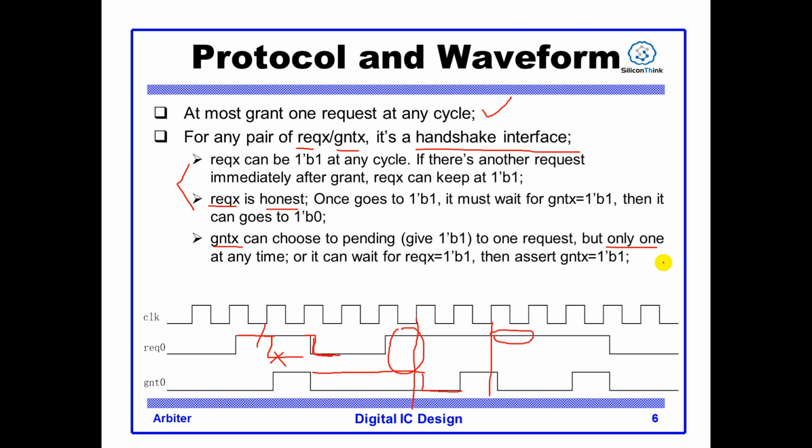There is only one pending output at any time. For example, if in this cycle you pend grant to request 0, then grant 1 to grant 3 must be 0 at this cycle.